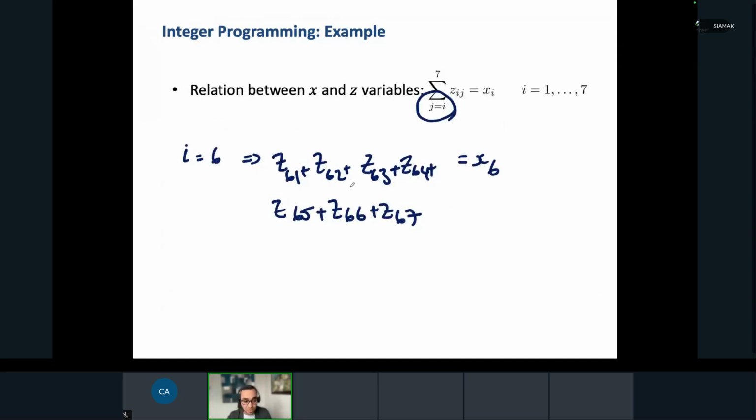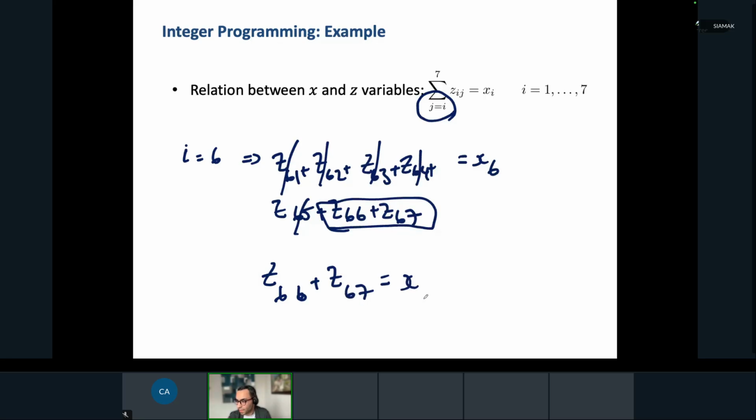But as we know, you can't do this. 6 cannot be used to satisfy the demand of 1, 2, 3, 4, or 5. Only these ones are allowed. That's why the summation says Zij, I is equal to 6, and J starts from I, so it's Z66 and goes to Z67, which is equal to x6.